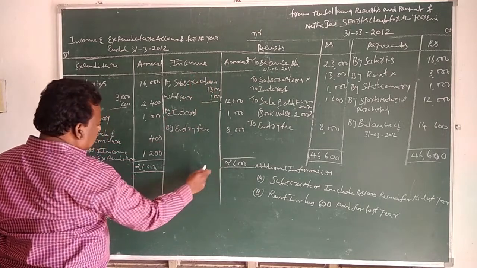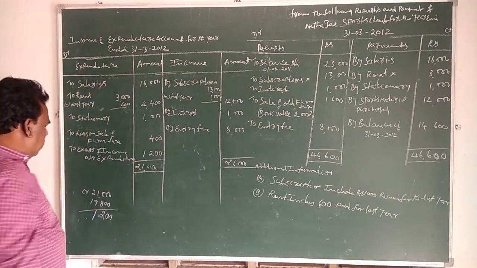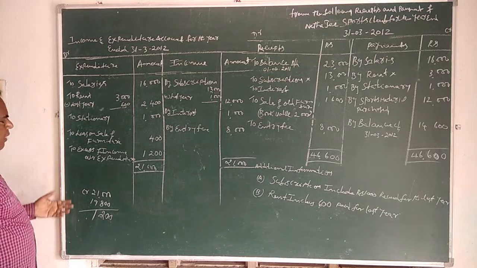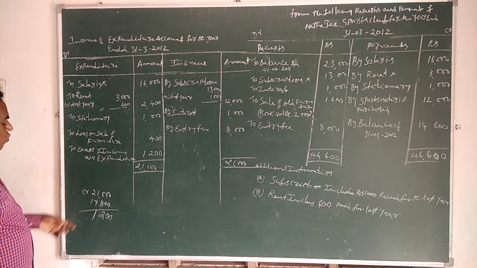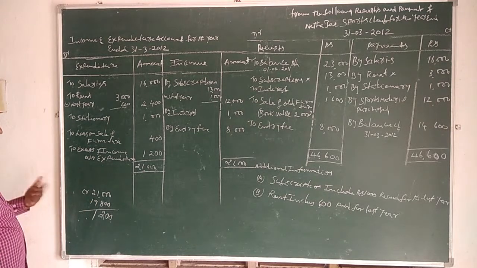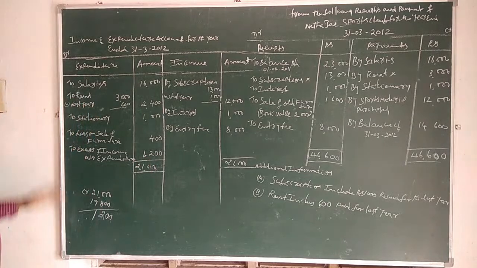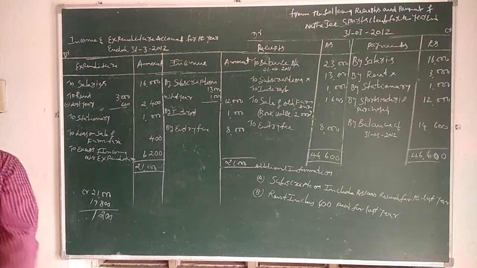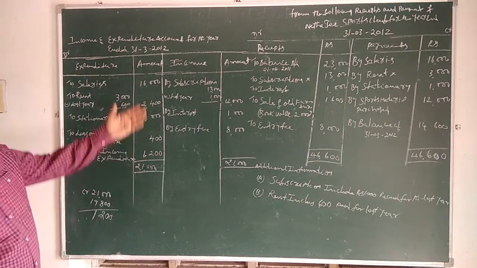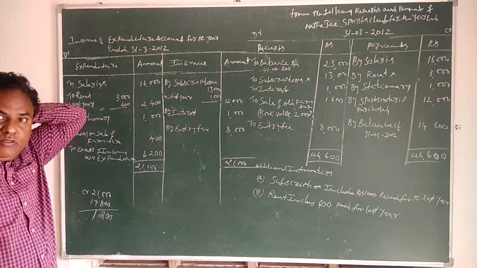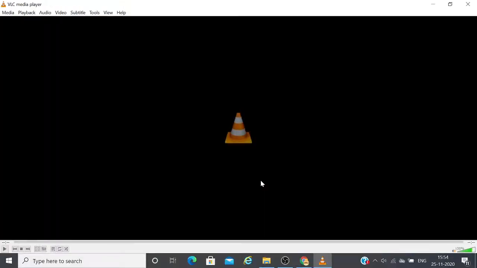Total credit balance 21,000, carried forward to debit side 21,000. Debit balance 19,800. Net profit or excess of income over expenditure 1,200 only. This is the income and expenditure account of the non-profit organization of Netaji Sports Club.